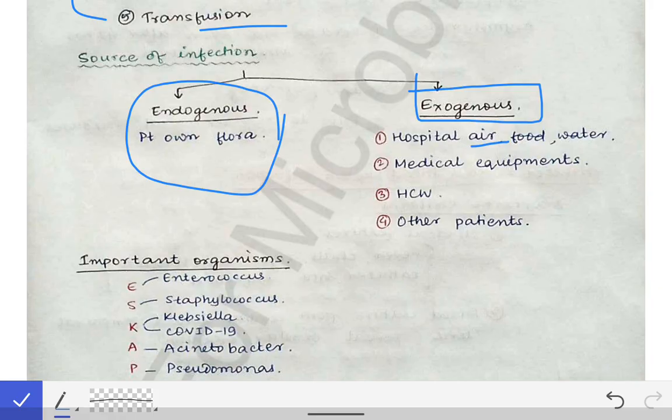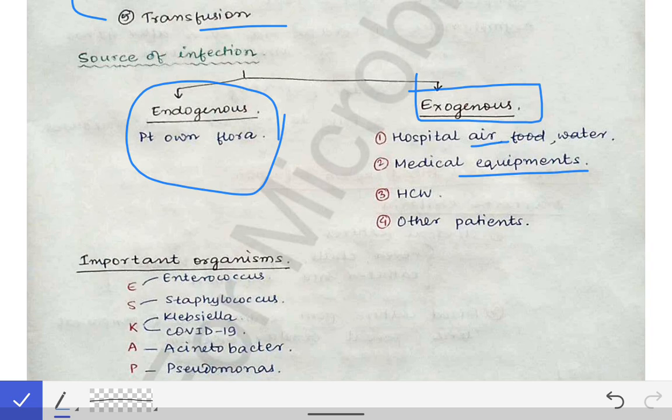They generally contain infectious agents, we all know that. Still we work there, there is nothing we can do about that. So hospital air, food and water may cause hospital acquired infections. Also medical equipment like endoscopes or bronchoscopes may also lead to infection in the patients.